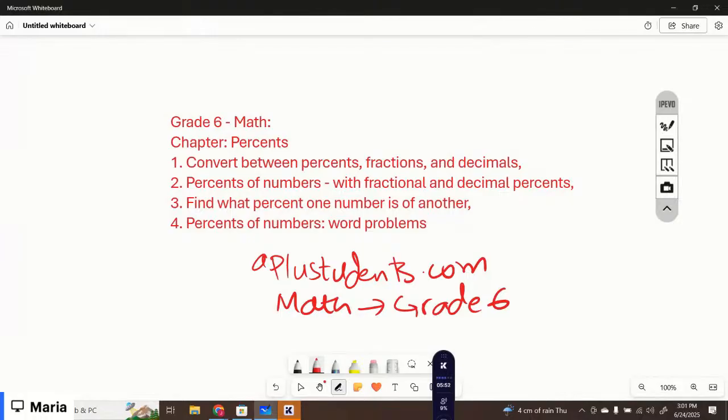The lessons we're going to cover are: convert between percents, fractions, and decimals; find what percent one number is of another; and percents of numbers with problems.